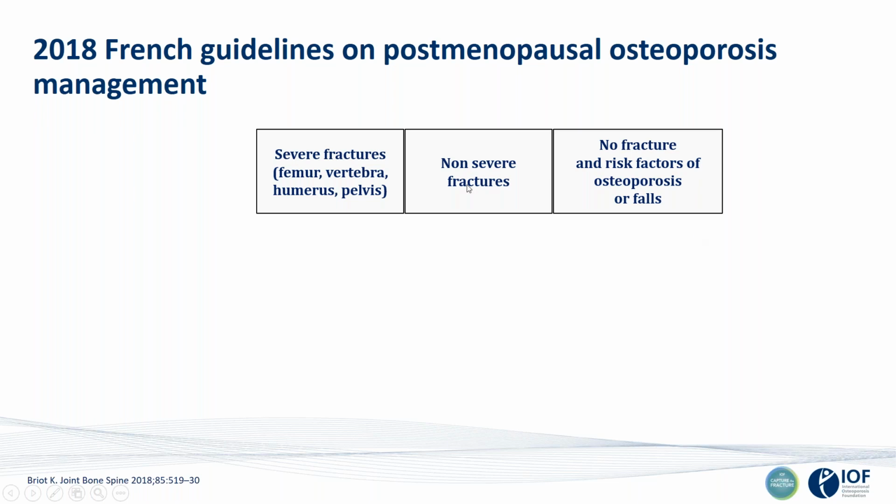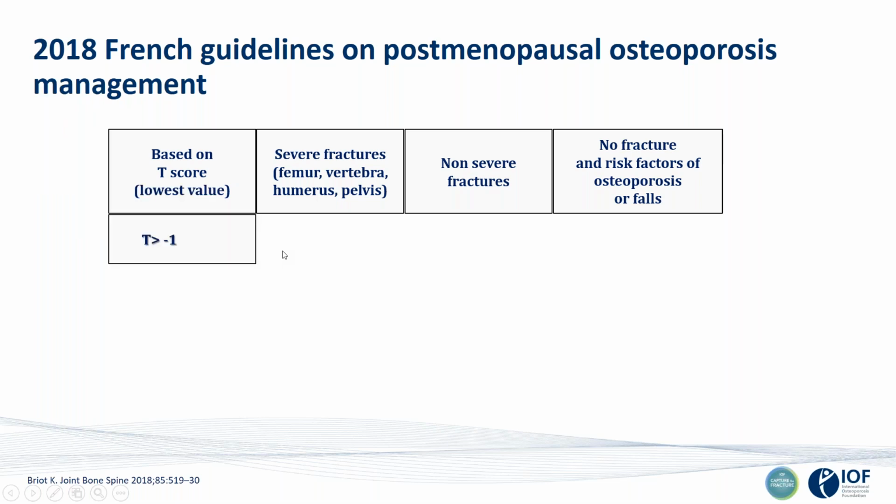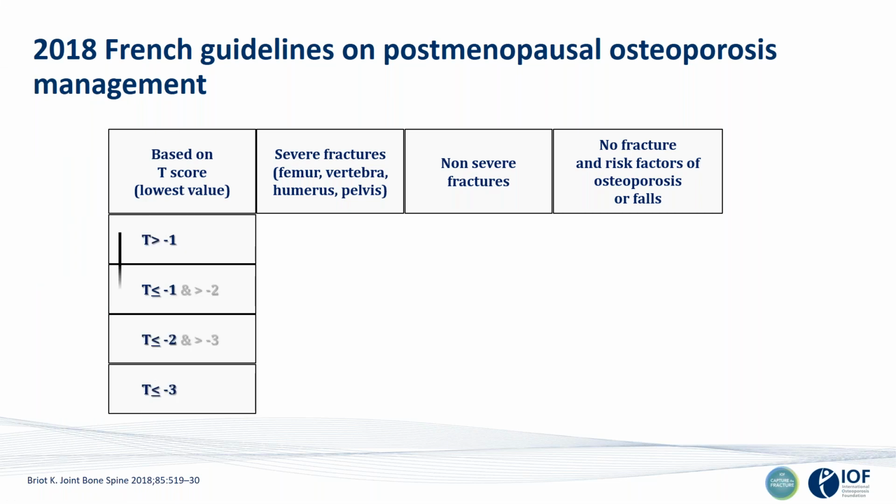And then you can plot these three different clinical situations with the level of BMD based on the T-score, and you pick the lowest value. And then you have four different situations: above -1, below -1, below -2, below -3.